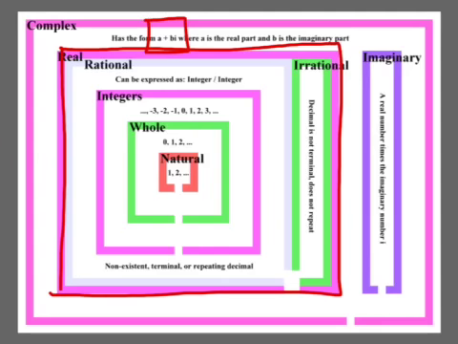The imaginary component is bi. That's where we have a real number times the imaginary number i. So all complex numbers are basically the sum of a real component and the imaginary component.